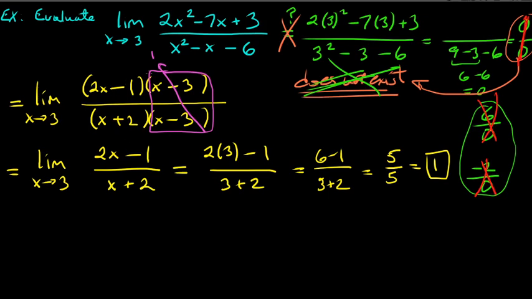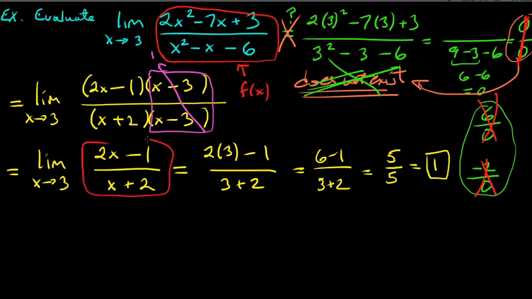And you do it just by simplifying. Simplify the expression, and then you can plug in the number. Relating it to the theorem, this function up here, that was my f of x. This function down here, this is my g of x. And they're the same function. These are equal, except at x equals 3.